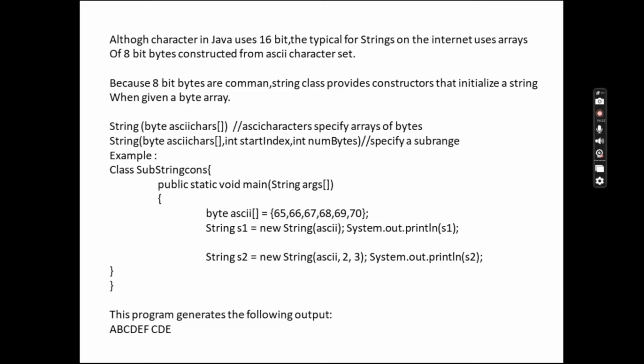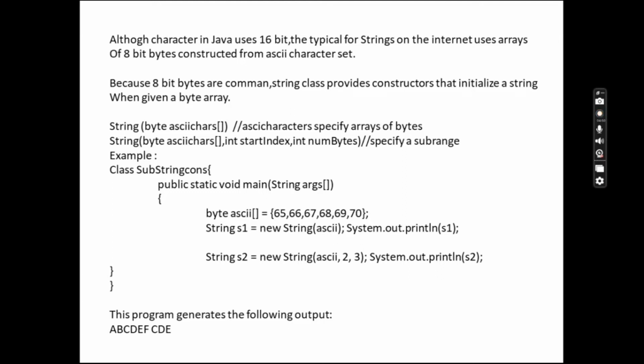So here an ASCII character is basically a character that is given in the ASCII table, and here from 65 to 70 it will take the characters that correspond to the numbers 65 to 70, and it will display the ASCII characters first of all, and then the subrange. The ASCII value of A is 65, the ASCII value of B is 66.